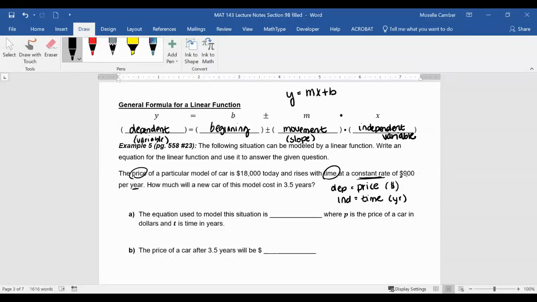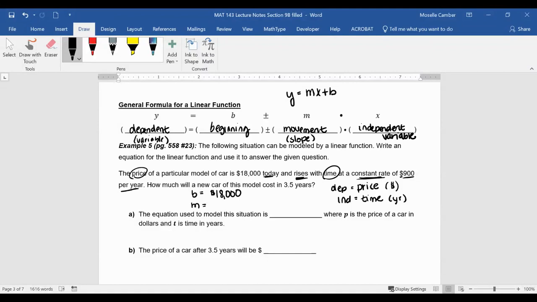Then we need to know what my b and my m is. My b is my beginning value. Well, the price starts at $18,000. So today it's at $18,000. And my movement, how this is going to move, is it's going to rise $900 per year.